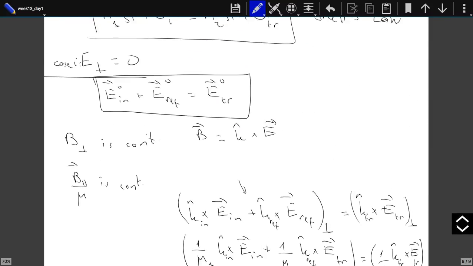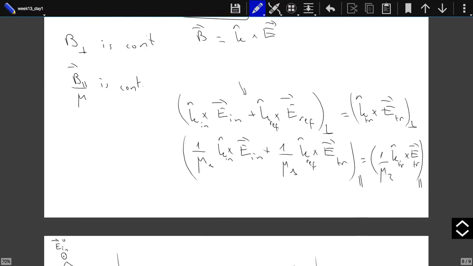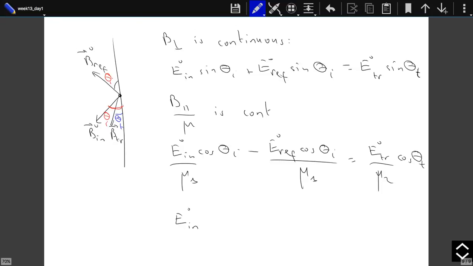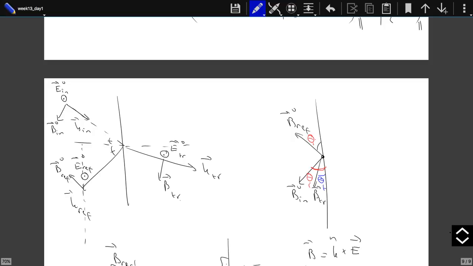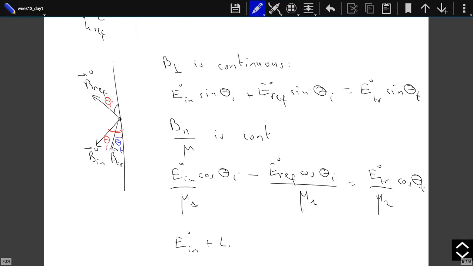And then we had one more condition, this one. E incident, let's say E's are always in the same direction, plus E reflected should be equal to E transmitted. Well, there seems to be one problem though.